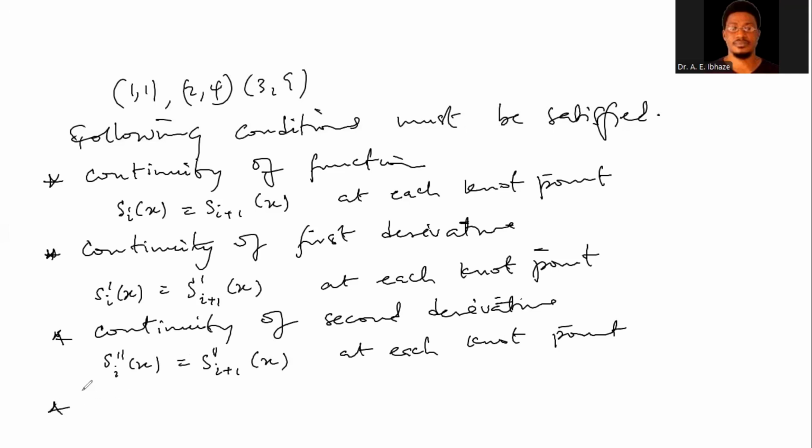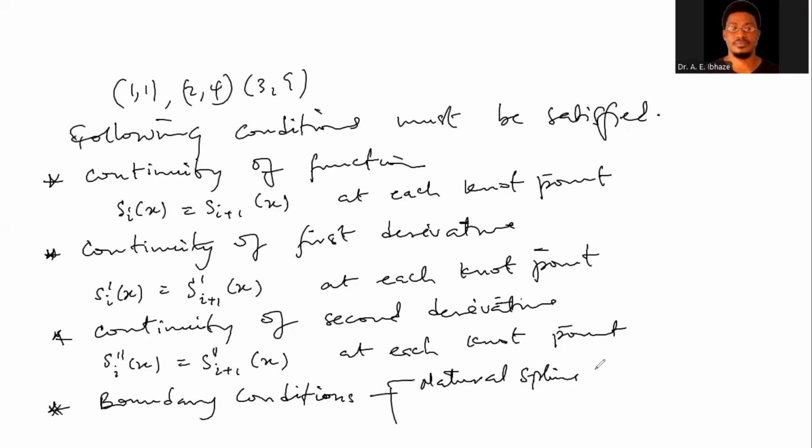And then, finally, the boundary conditions. For the natural spline, the second derivative of S of x must be 0 at the endpoints.